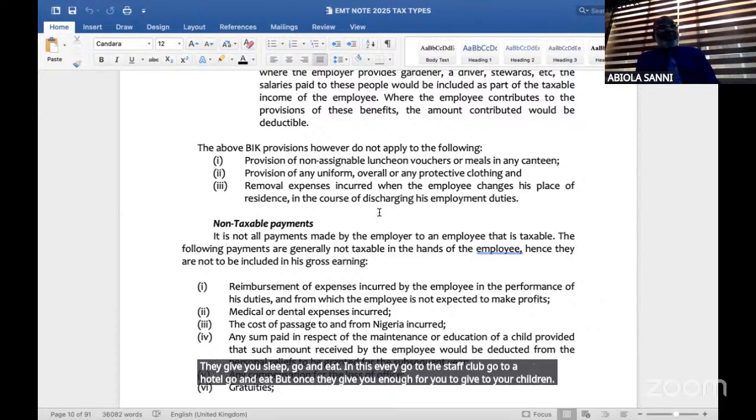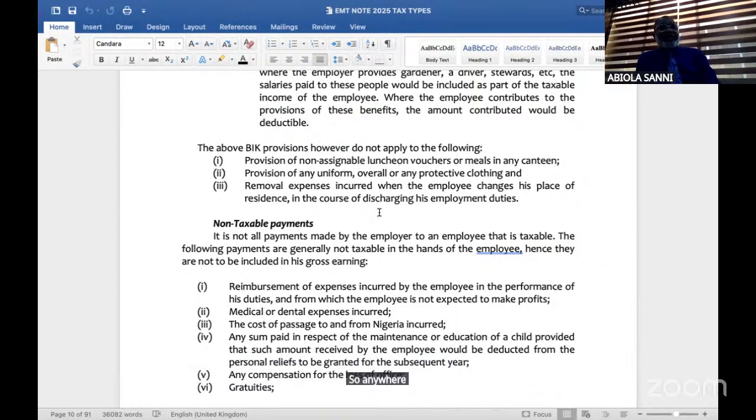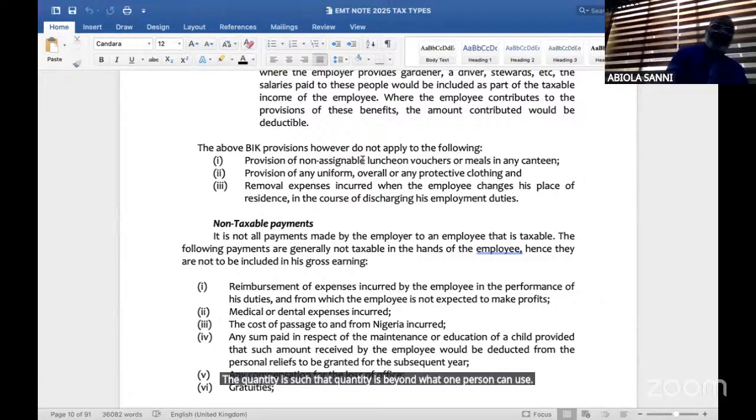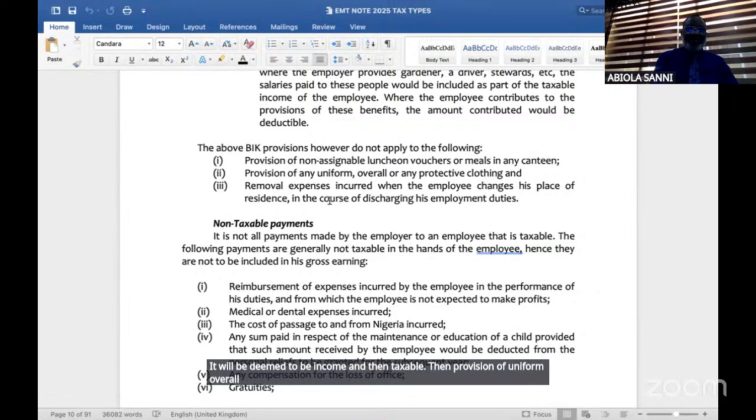When we were in school, we had some colleagues whose parents would give them vouchers so anywhere they go, they can use it. So once it is assignable or the quantity is beyond what one person can use, it will be deemed to be income and then taxable. Then provision of uniform, overall, or protective clothing, then removal expenses.